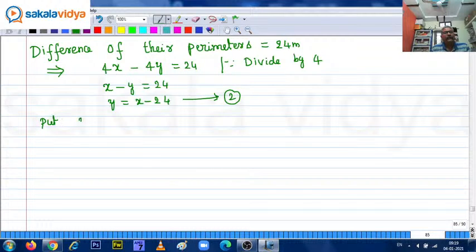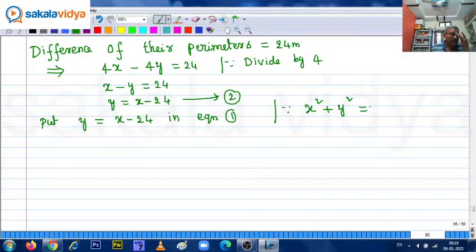Now put y equals x minus 24 in equation 1. What is equation 1? Since equation 1 is on the previous page, we have x square plus y square, that's the sum of the areas. The sum of the areas is given as 468. So this is equation 1.